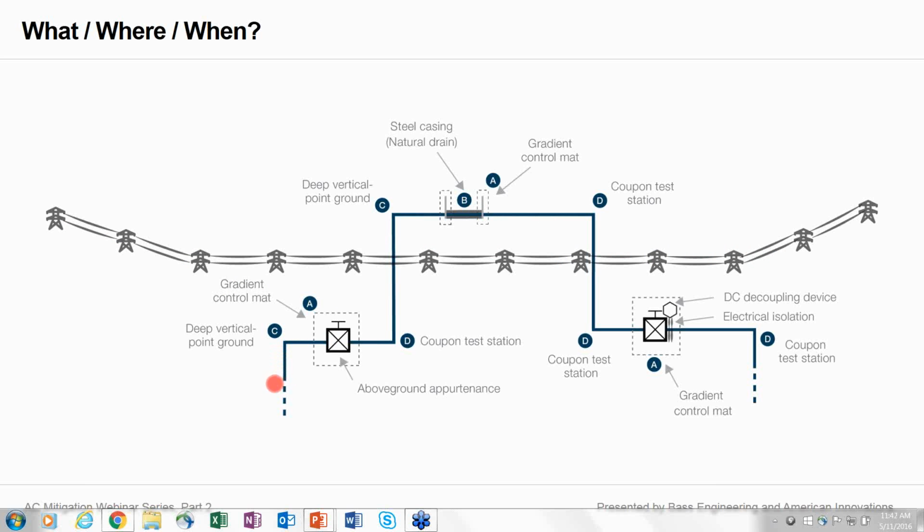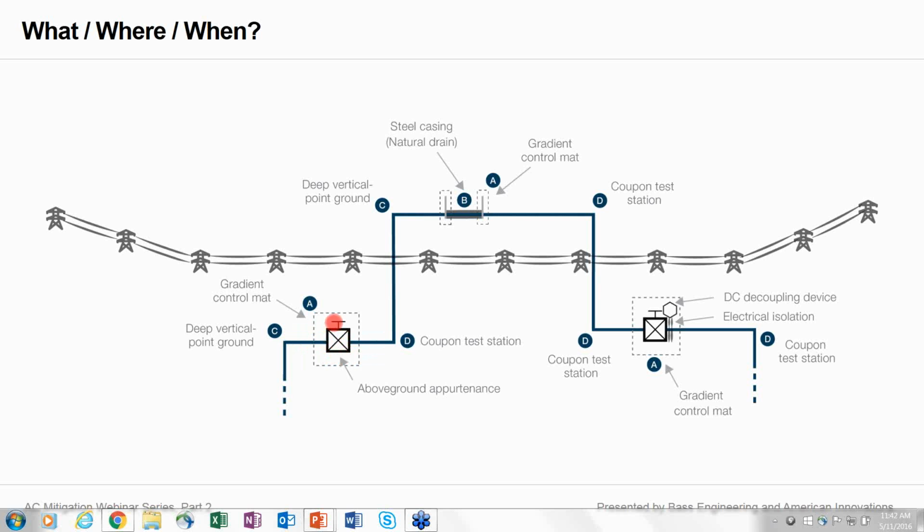So as we move through this, what you learn from part 1 is that points of discontinuity between the HVAC power system and the pipeline can create voltage peaks on our pipeline, AC voltage peaks. So in this case, you can see the design has resulted in a deep vertical point ground at this first PI. Then we have an above ground valve setting.